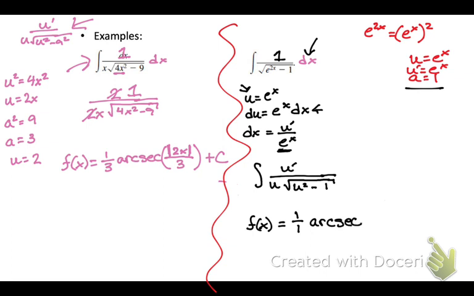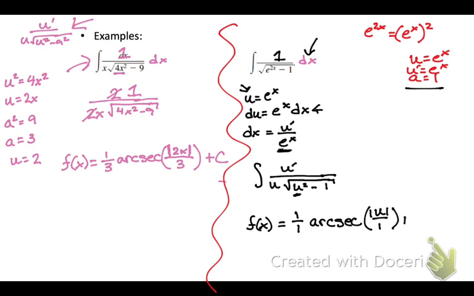Arcsecant of the absolute value of x, which is u, because we changed it to u right here, over a, which is 1. I forgot my absolute value.